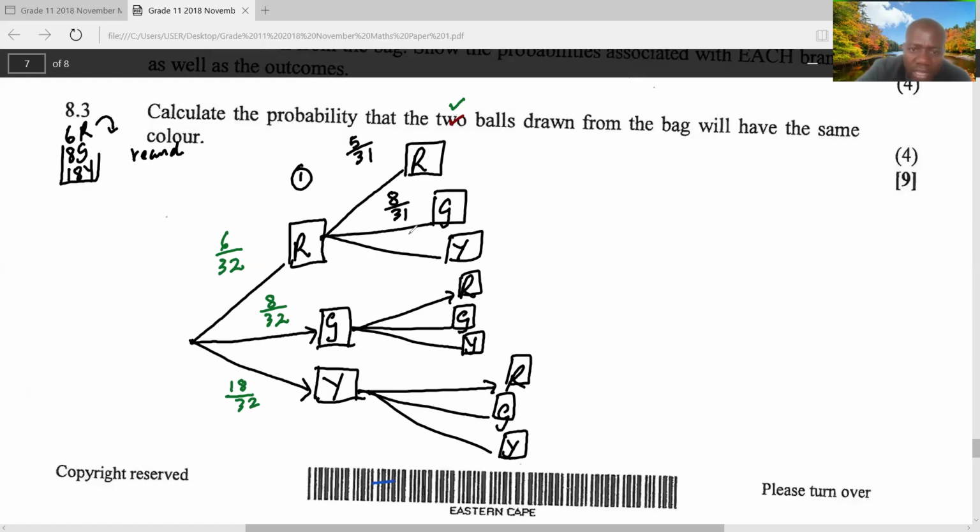Yellow, it will be 18 out of 31. I believe you are following. But if we got green for the first time, to select the second one, we only have 7 options out of 31. Then we only have 8 options out of 31 and 18 options out of 31.